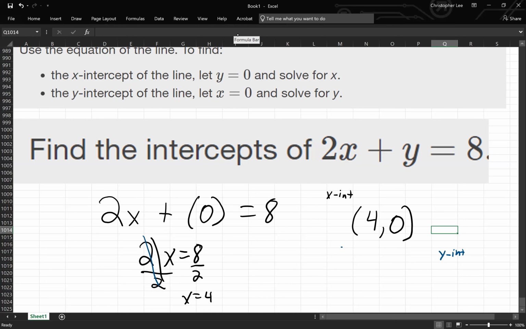So now I want the y-intercept. Remember, the y-intercept is where the graph crosses the y-axis when x equals 0. So what do I do here? Plug in 0 for x. So this is going to become 2 times 0, plus y equals 8.